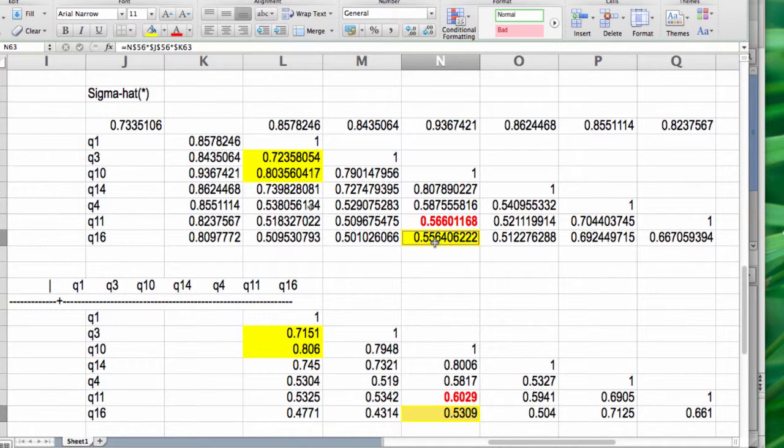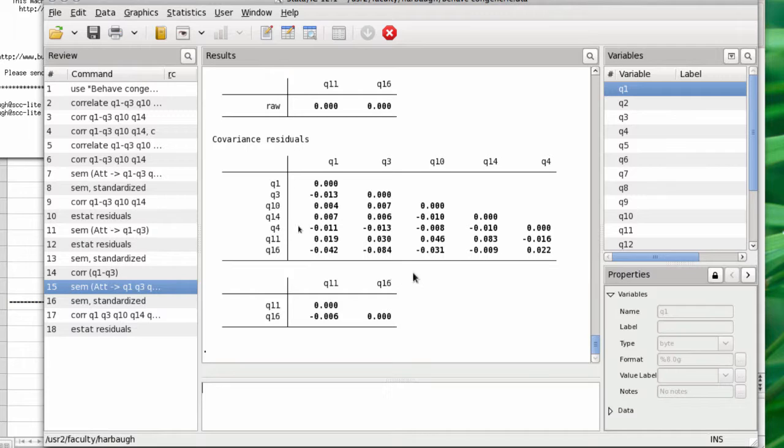Okay. What about 11 and 14? So this one's 14, right? And this one's 11. Oh, wow, look at that. I'm looking at the values here. So 16 and 10 is off by 0.03 in the covariance matrix.